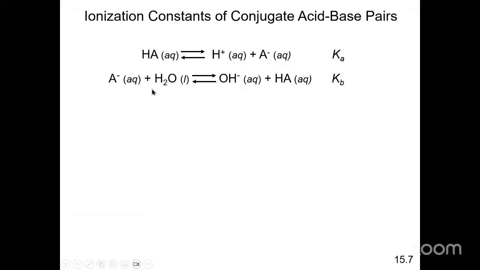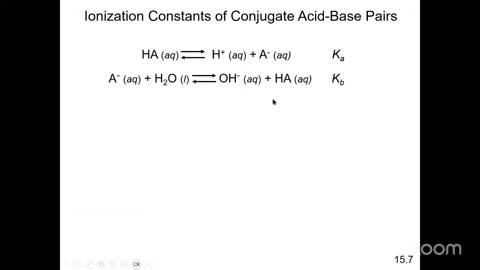If you remember from your Chem 1 class, I think you did this in the topic of thermochemistry, Hess's law. I don't know if you guys remember that from your Chem 1. When you add two or more equations together, those items that are common to both sides will cancel out, right?